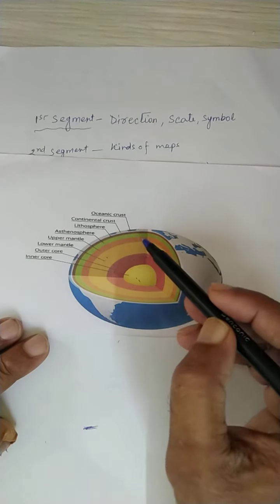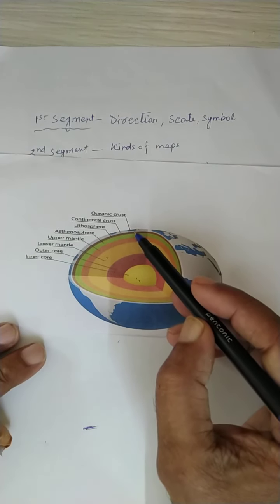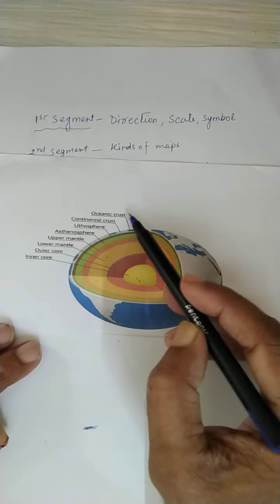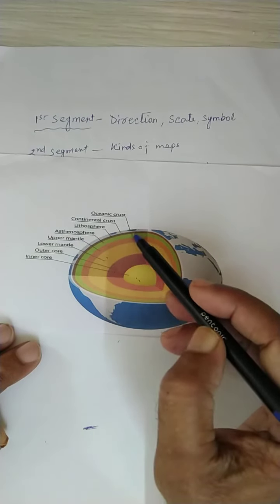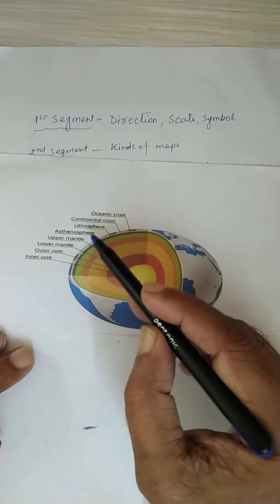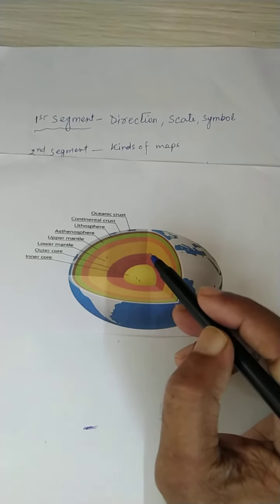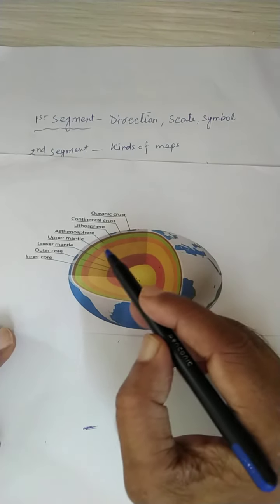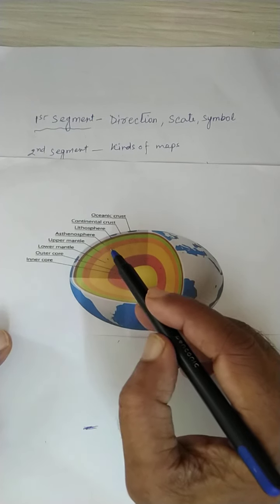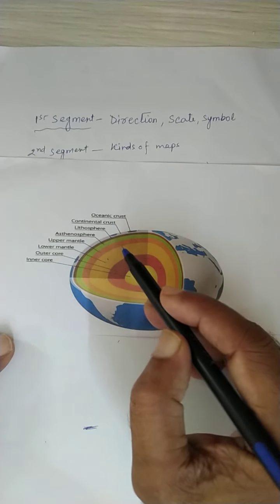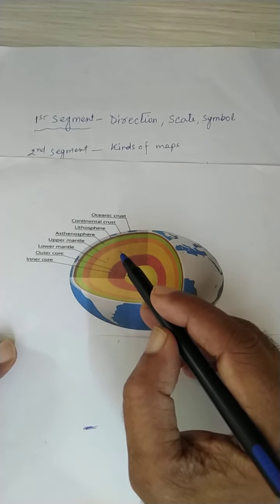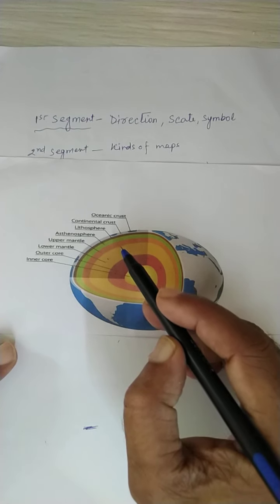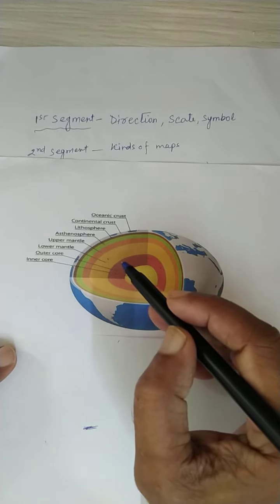Now, scientists discovered that this is the crust, and there is an oceanic crust and a continental crust, and we actually live on this crust, as you know. Then there is the lithosphere, and below that there is the mantle, and the mantle has two parts, upper mantle and lower mantle.